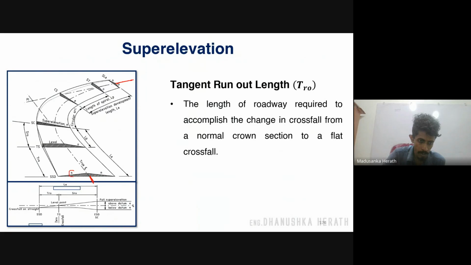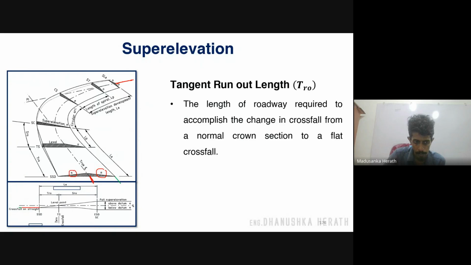Right, here n means we have the normal cross fall, minus 2.5 to minus 2.5. So this bottom figure is a cross section, a side view. In the straight section, we have the normal cross fall. I will use another color.